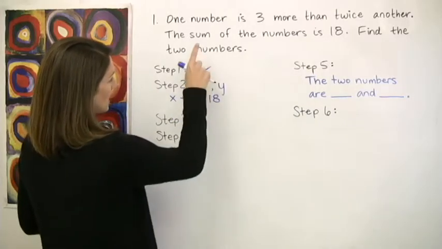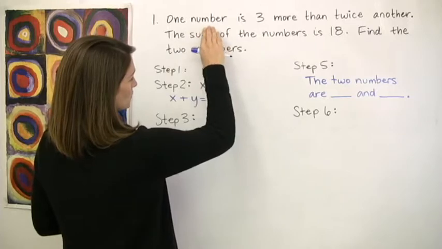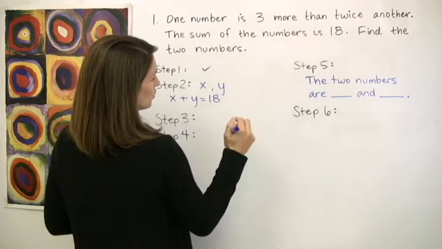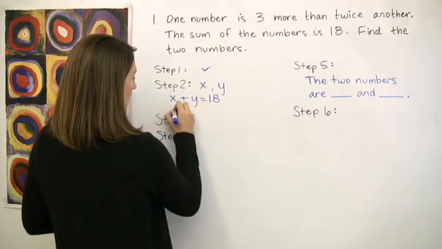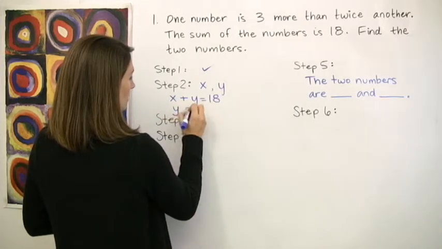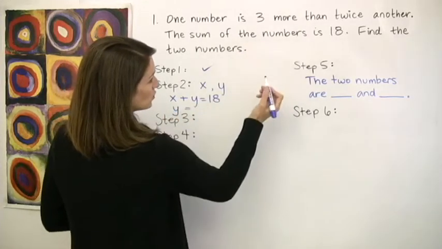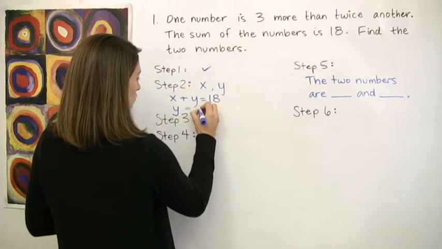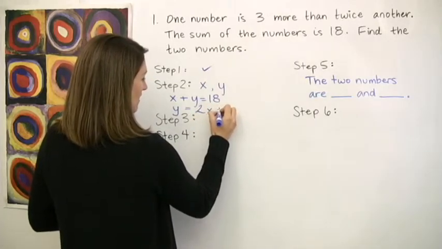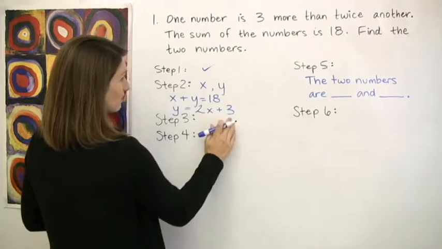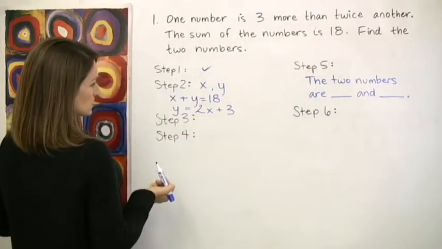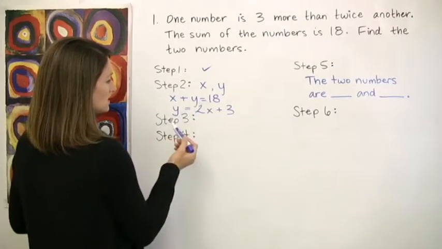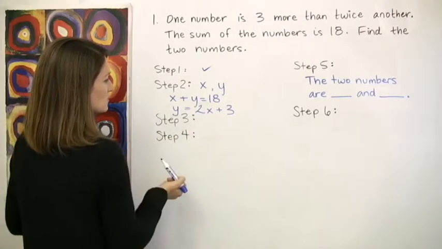We also can say, using the first sentence, one number is 3 more than twice the other. So we can say that y, that's one number, is 3 more than twice the other. So we have twice x, and then we add 3 to give it that 3 more than. So here's a few expressions here. We have x plus y equals 18 and y equals 2x plus 3.